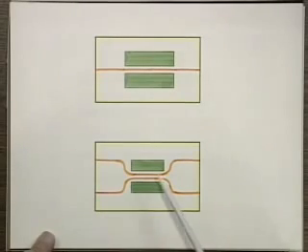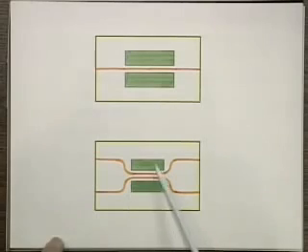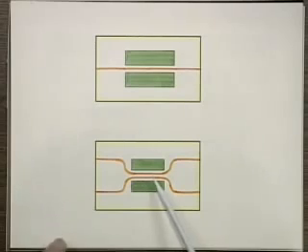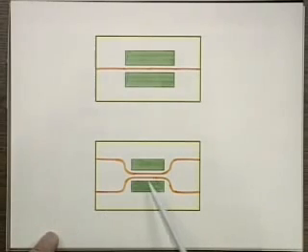If you want to have a variable coupler, again, if the material of the substrate is electro-optic, then by putting electrodes on the material, you can change essentially the index here between the cores, and this way change the coupling. The coupling ratio will change depending on the index. So I can couple more light or less light by applying a voltage. So this is a neat little device. And there are also other applications.